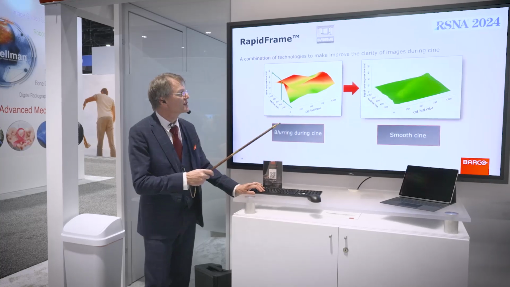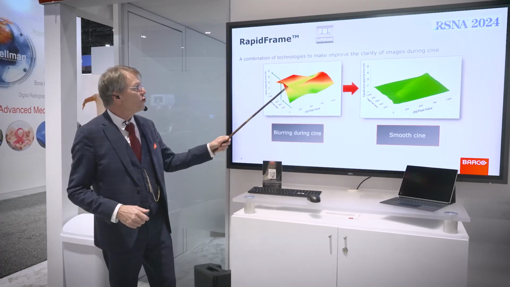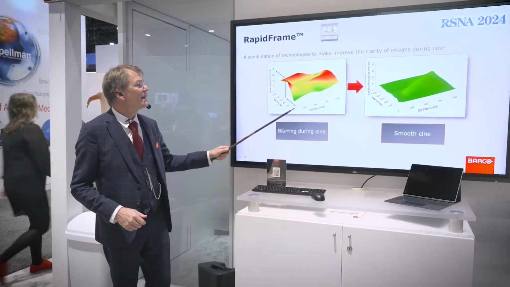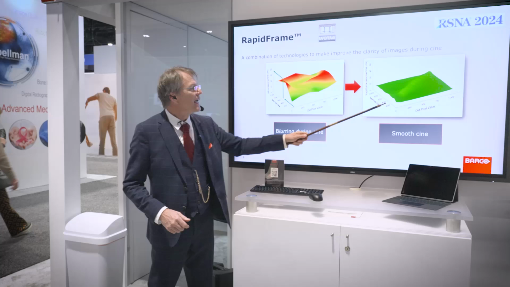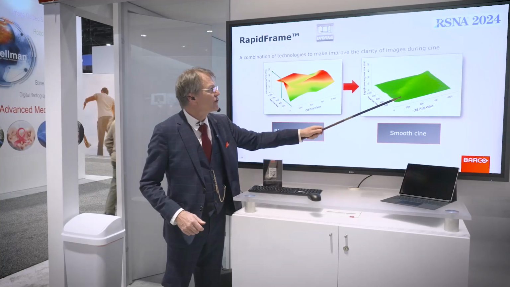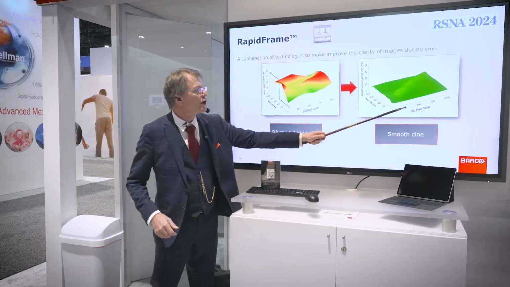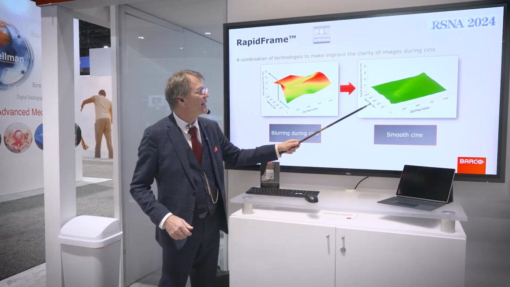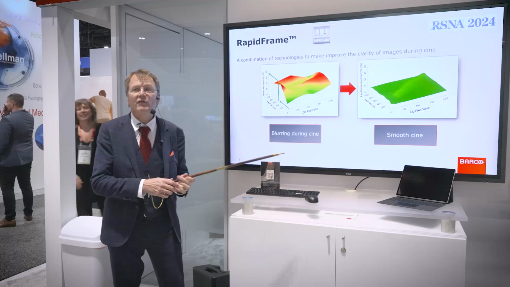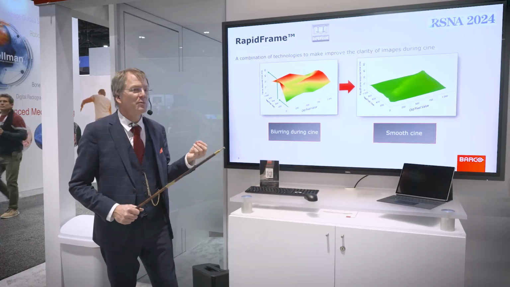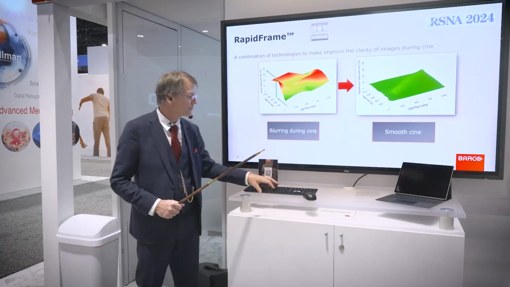I'll go through these a little bit, but the goal is to take this uneven response time and level it off, and also reduce it as much as possible, so that when you're going from any of the gray values to any of the other gray values, you have a very short response time, and the pixel clearly represents the new frame.